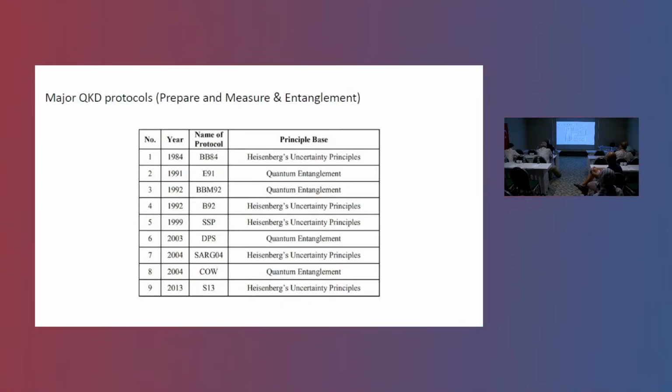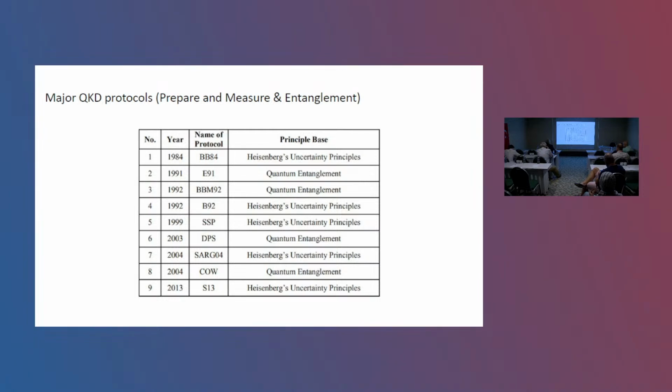Here's a list of major QKD protocols that have been introduced since 1984. As I mentioned, all of these protocols are based on two types of approaches. They are variations on these approaches. One was the prepare and measure approach, which exploits the superposition principle of a qubit, and the second would be the entanglement approach. In each iteration of these protocols, some safety feature of the protocol is improved.